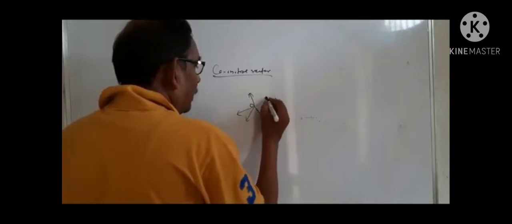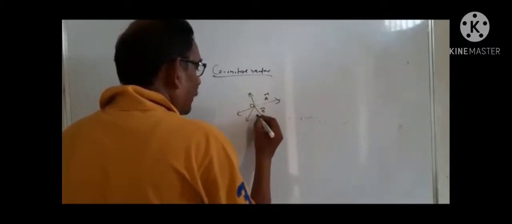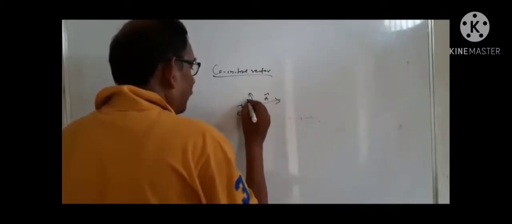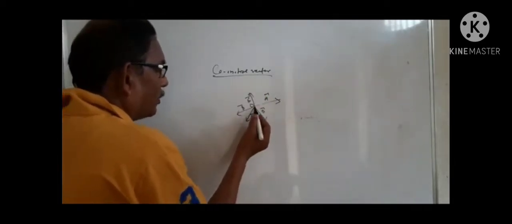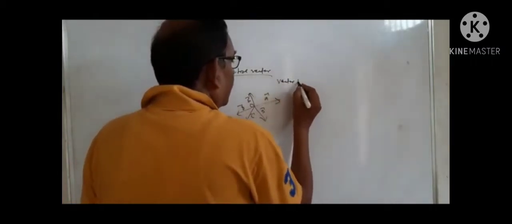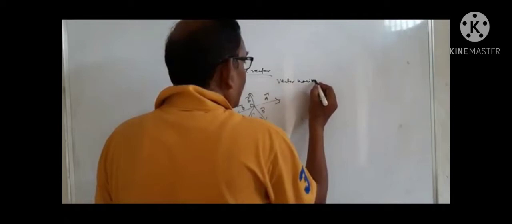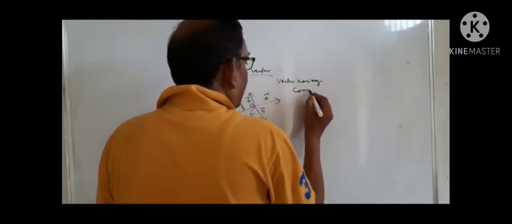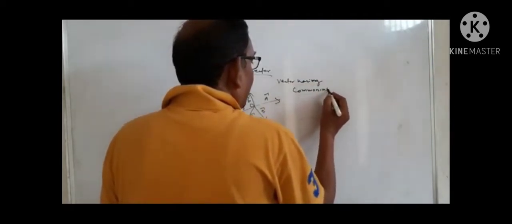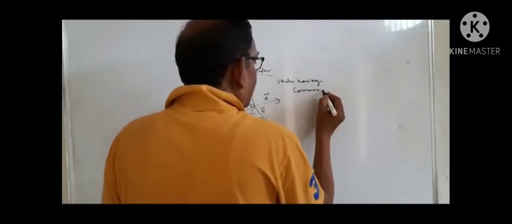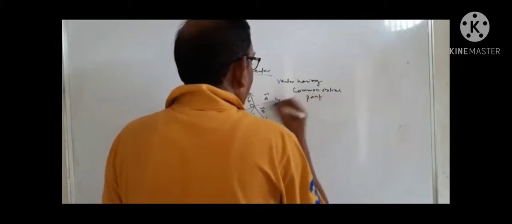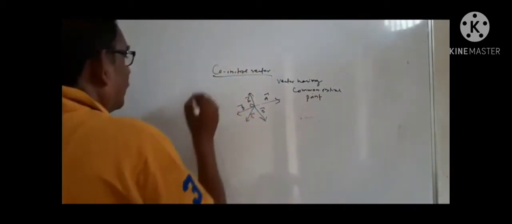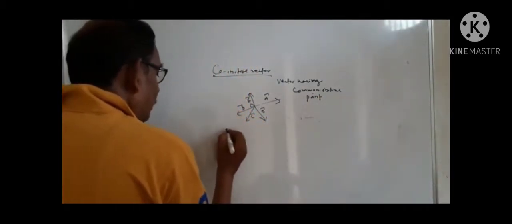The vectors A, B, C, D, E all have the common initial point, that is O. So vectors having a common initial point are called co-initial vectors.